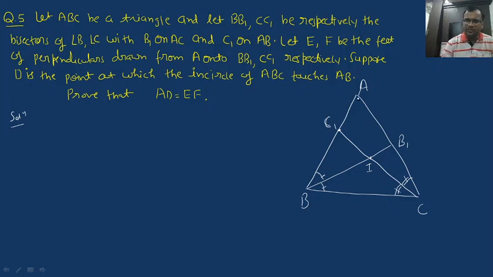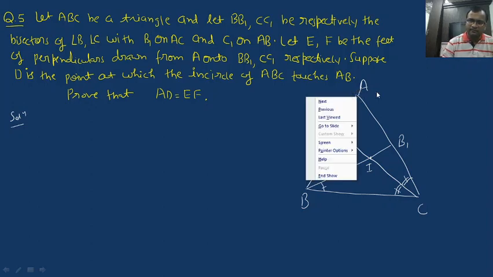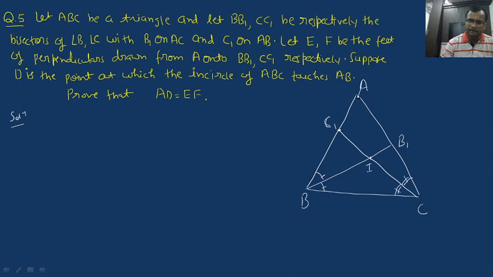E is actually the foot of the perpendicular from A to the bisector BB1. This is the point E, and F is the foot of the perpendicular from A to the bisector of angle C. This is the point F.